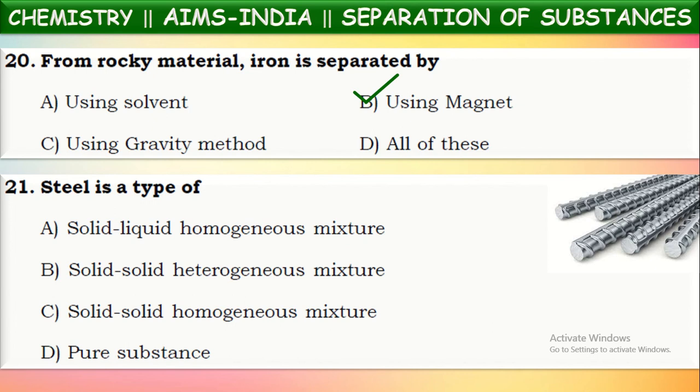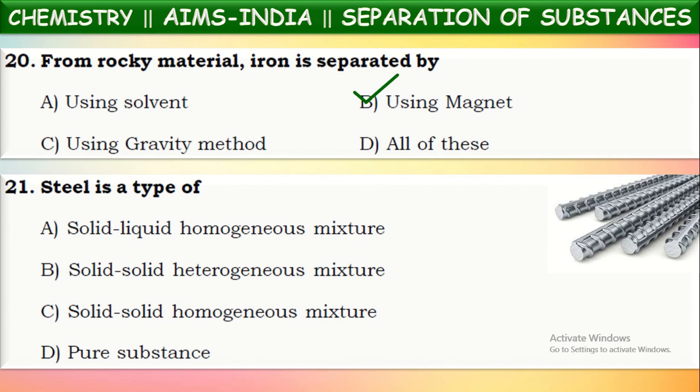So how is it made? By mixing with some other metals. The resultant product obtained by mixing a metal with other metals is called an alloy. Here iron is a solid and those other metals are also solids. So we can say steel is a solid homogeneous mixture, because we cannot see iron and other metals separately in it.